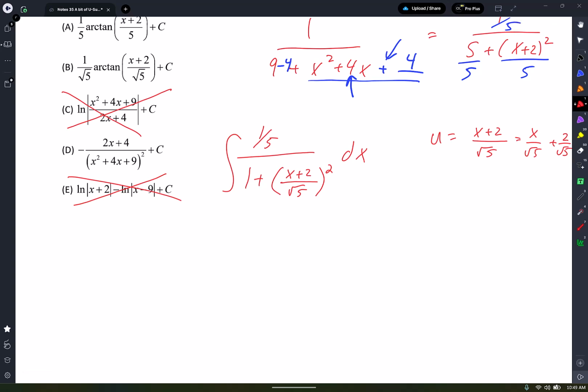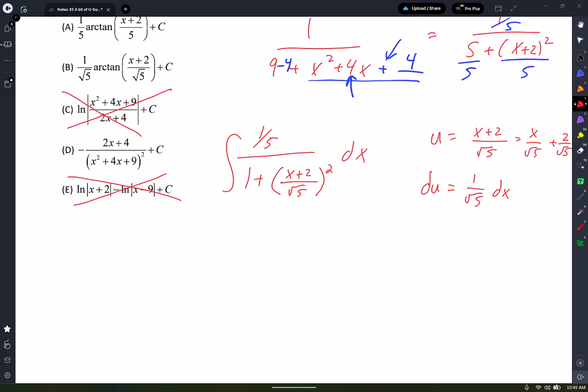Look, it's one term. du. What's the derivative of x over square root of 5? 1 over square root of 5. It's just a linear expression, guys. Like the derivative of 5x is just 5. The derivative of 2x is 2. The derivative of pi x is just pi. The derivative of 1 over square root of 5 with an x on it is just 1 over square root of 5.